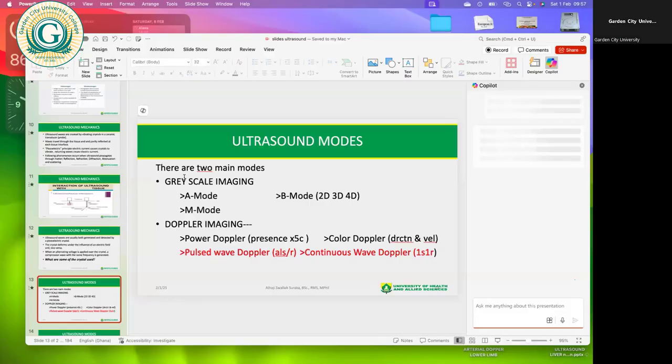The B mode comes in different formats as well. Under the B mode, the ultrasound interprets images in terms of the densities of the body. So the denser the tissue, the brighter the image would appear, whereas the less dense the tissue, the darker the image would appear.